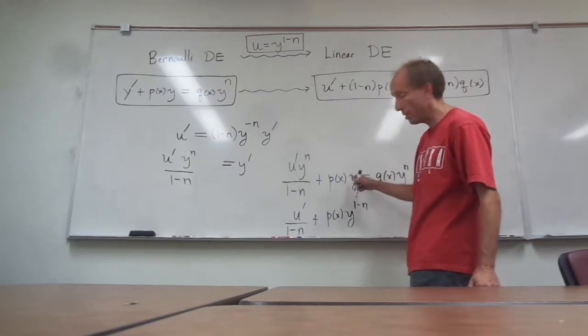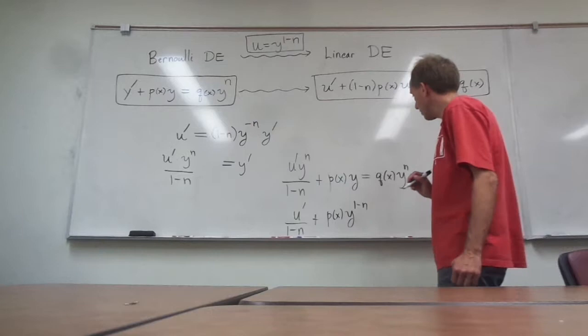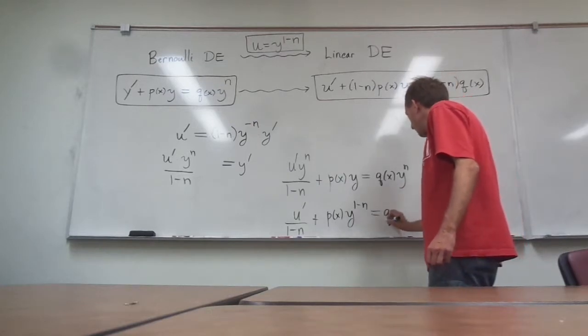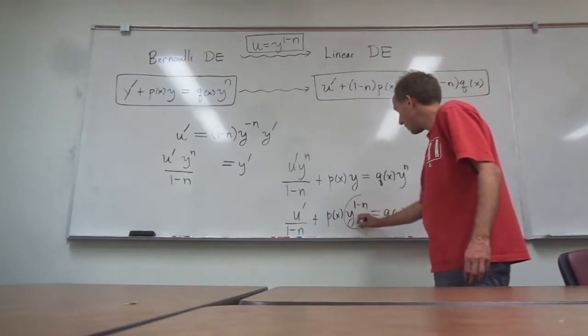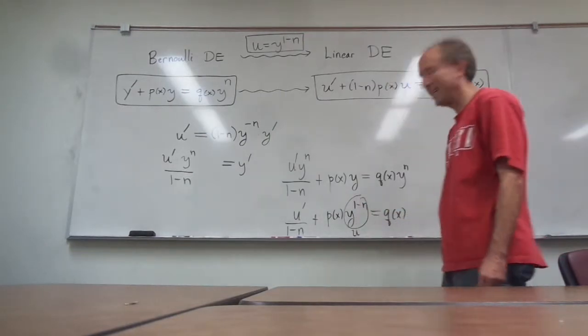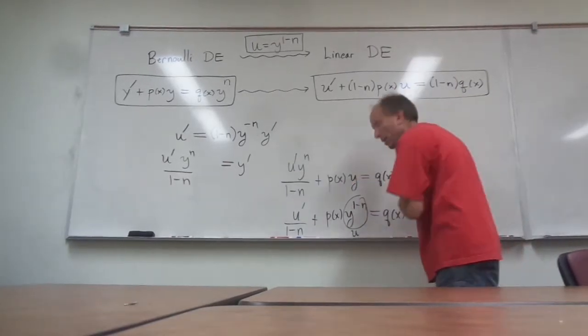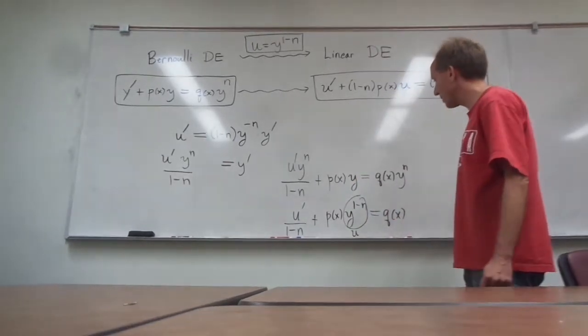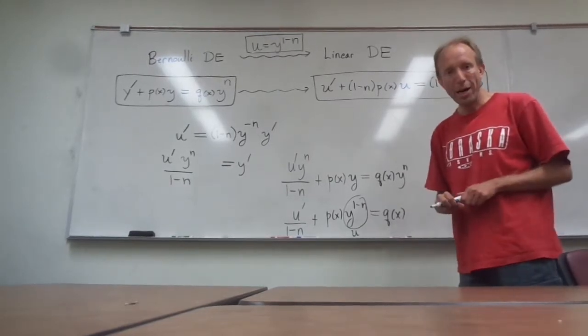Because I already have y to the 1, and if I divide by y to the n, it becomes y to the 1 minus n. And on the other side, I have q of x. Well, this right here is u, right? And if I just take the whole equation and multiply it through by 1 minus n, I am going to get exactly the formula in the box.